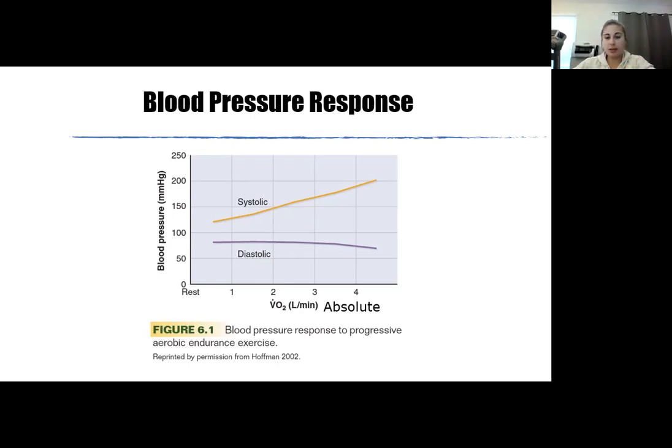We will see an increase in systolic, not much change in diastolic. Now let's think about resistance training. We do see increases in systolic, and diastolic stays much the same. Systolic will go up, especially if you do the Valsalva maneuver when you hold your breath. We can see really, really high numbers of systolic, sometimes over 250, but it's very transient, right?